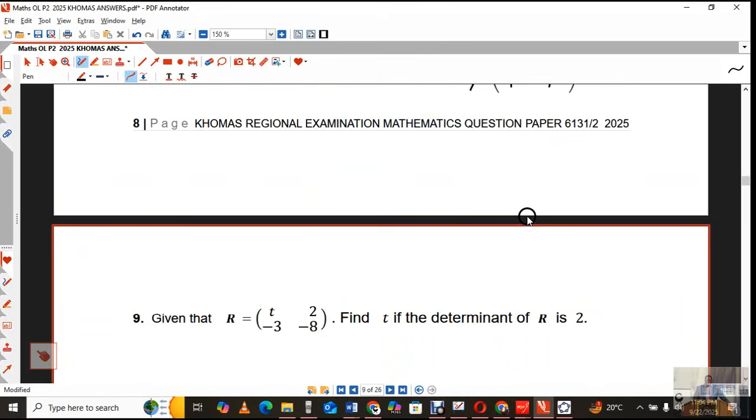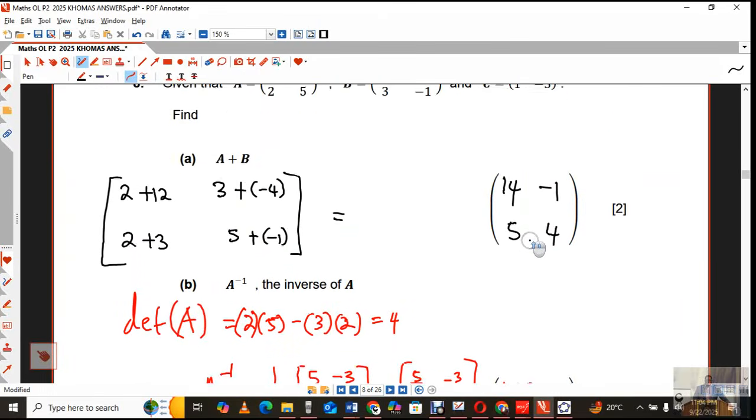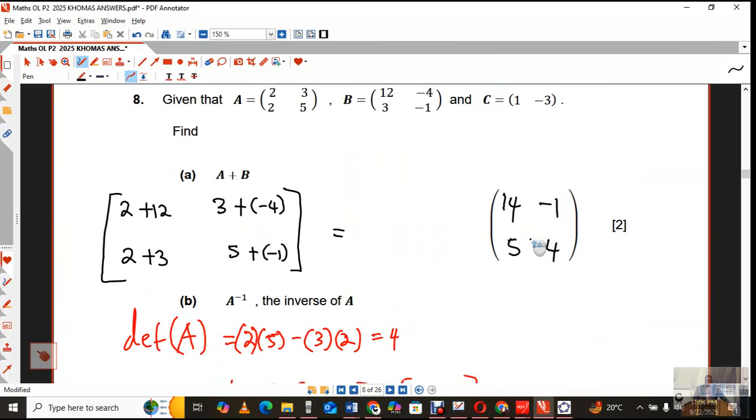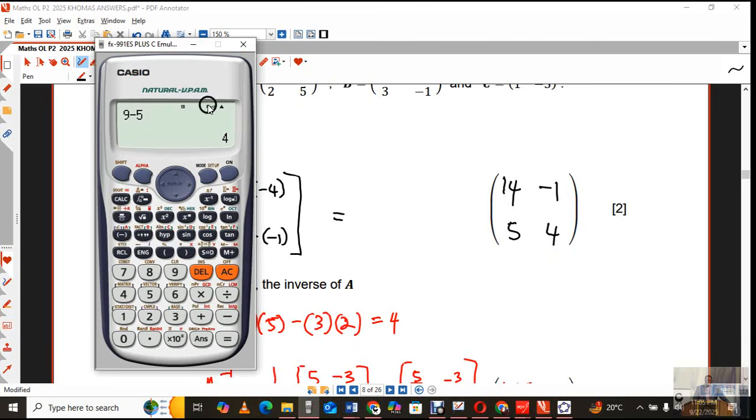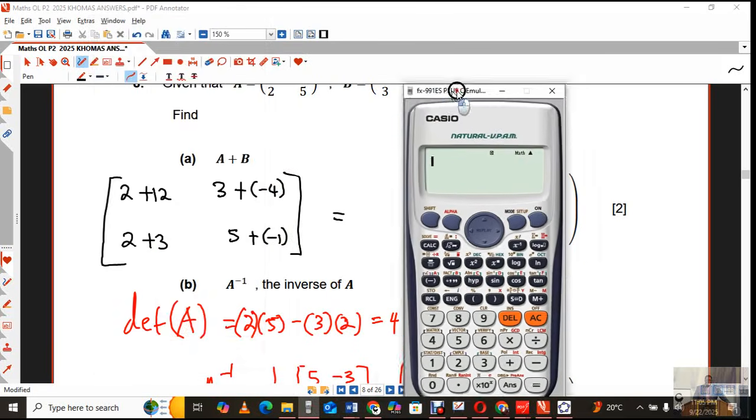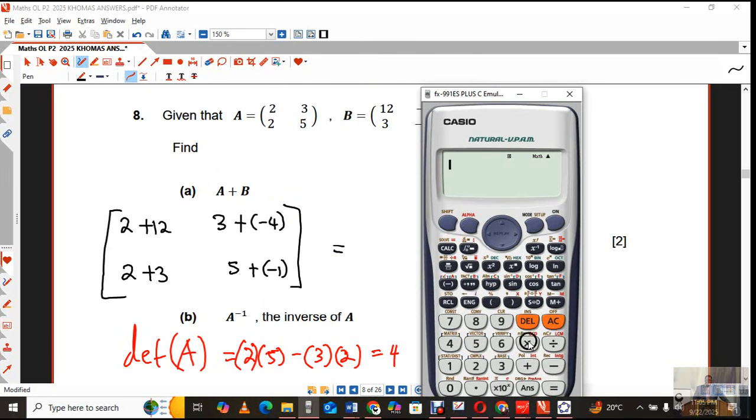I just want to show you how to find the inverse of a matrix, using my calculator of course. Let's say we want to input the matrix. I'm going to start with matrix A. I'm going to go to the mode and select matrix.